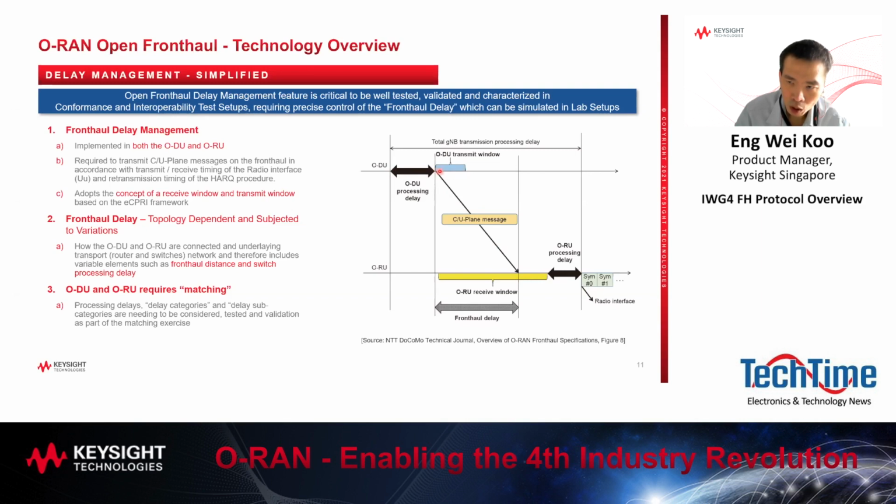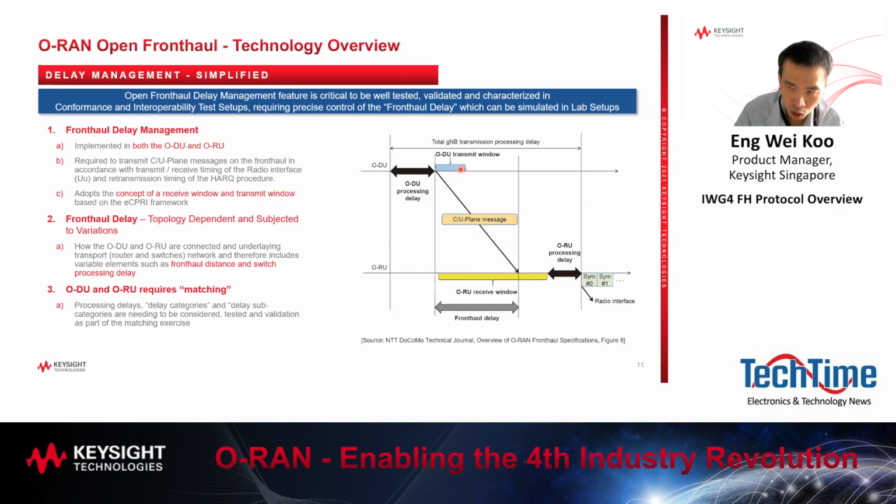So anytime within the window, it can send out the packet. For C-plane and U-plane, you have to send the C-plane before the U-plane. And within the ORU, you basically would actually have a receive window, as well as the ORU processing delay, right? And obviously you would have the front haul delay. So these are the transport node delays and stuff like that added by your switches and routers.